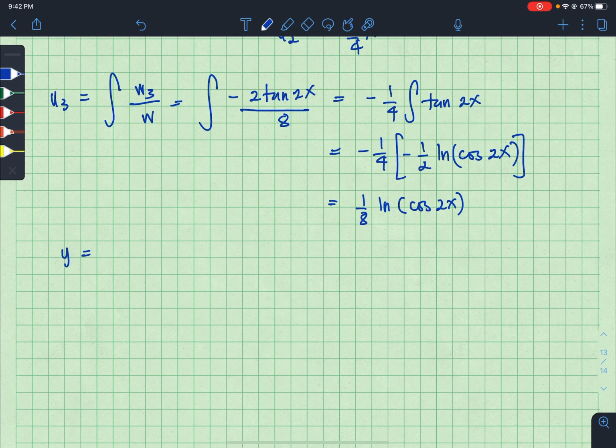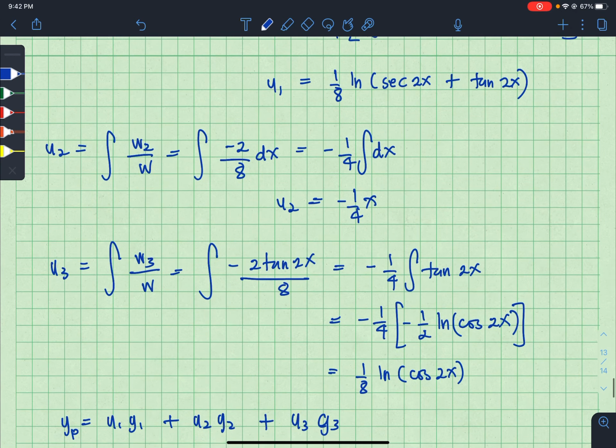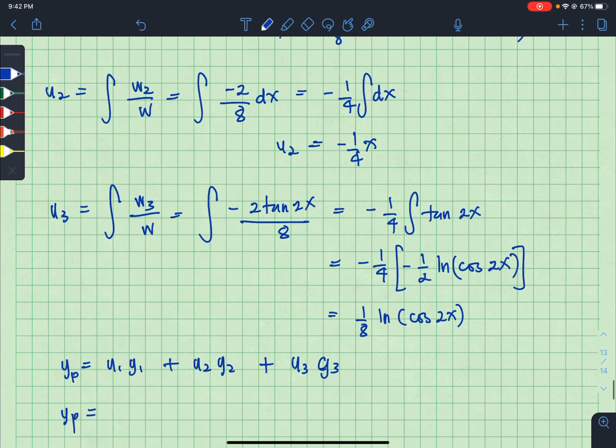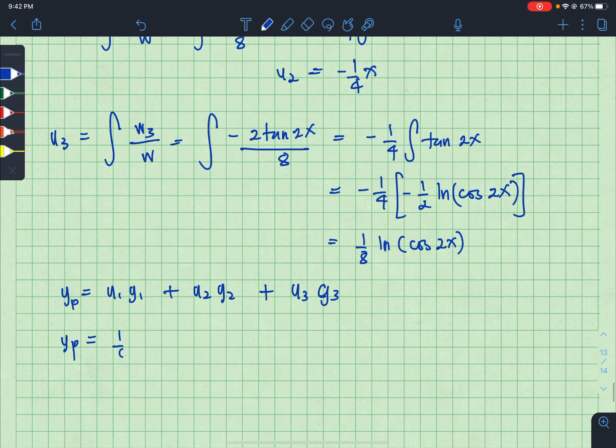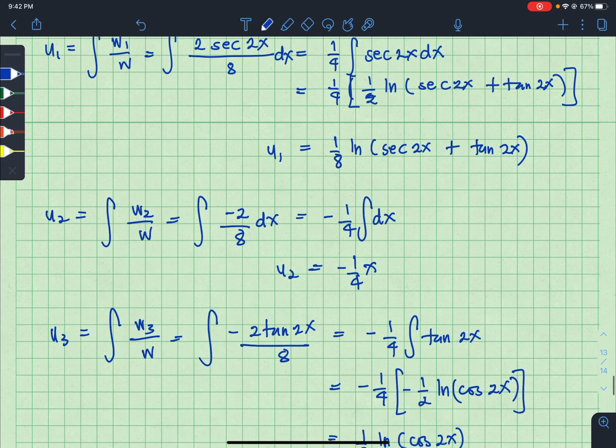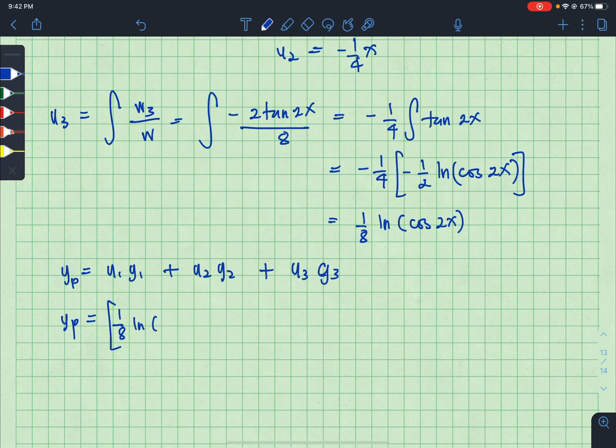So our y p would be u sub 1 y sub 1, plus u sub 2 y sub 2, plus u sub 3 y sub 3. For y sub p, our u sub 1 is 1 over 8 ln of secant 2x plus tangent 2x.